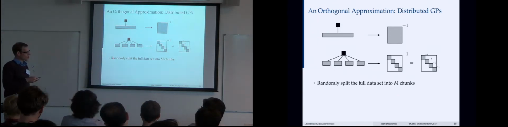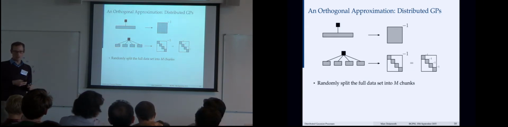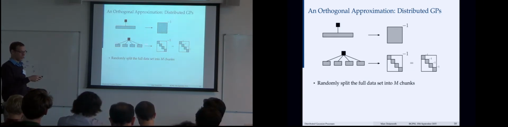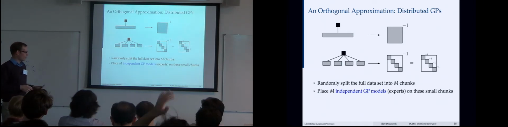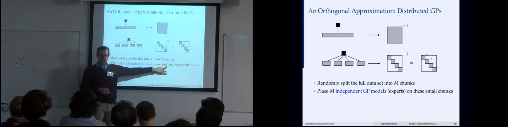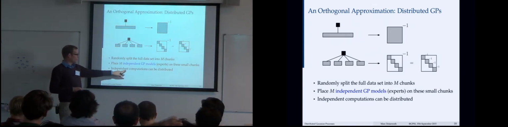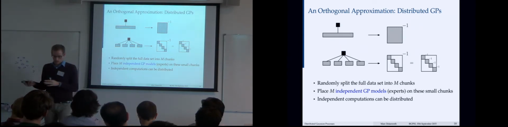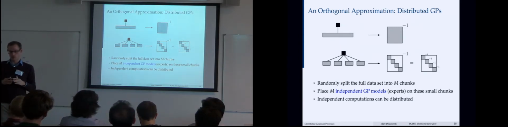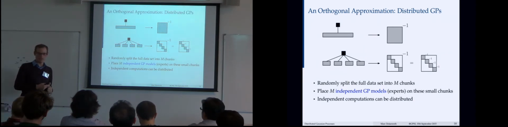Let's assume we just split the data set completely randomly into m of these chunks. If we then place m independent Gaussian process models, and I'm going to call these experts more often in this talk, then we can distribute the corresponding computations across different nodes, different computers, different, almost said planets, but continents in that case.